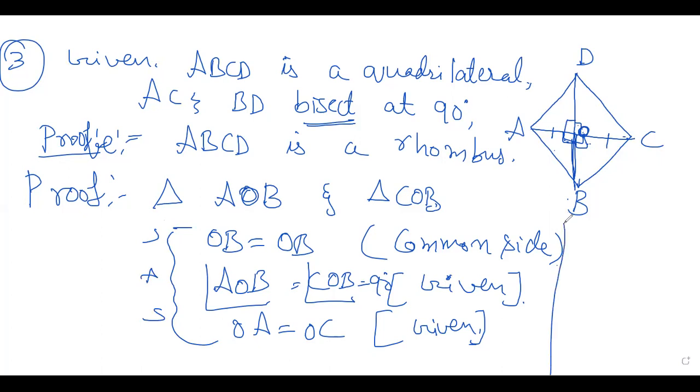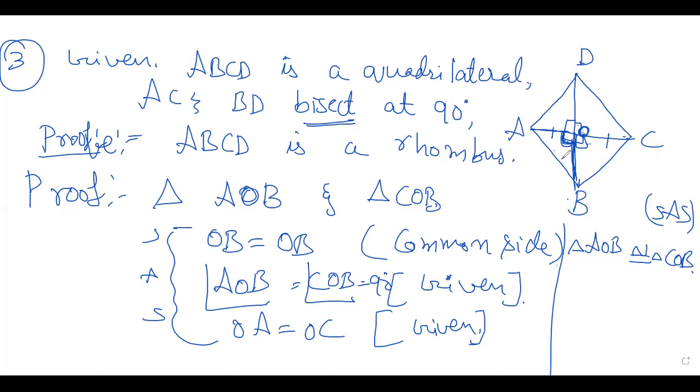So by SAS, what can you say? Triangle AOB is congruent to triangle COB. Understood, children? So by CPCT, what can you say? See, these two sides are equal and this angle is equal.